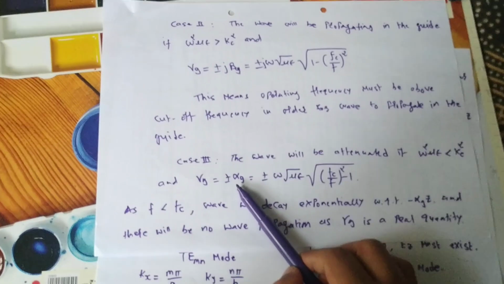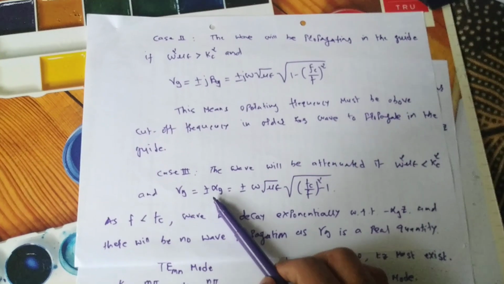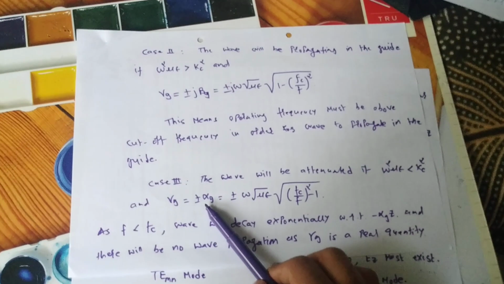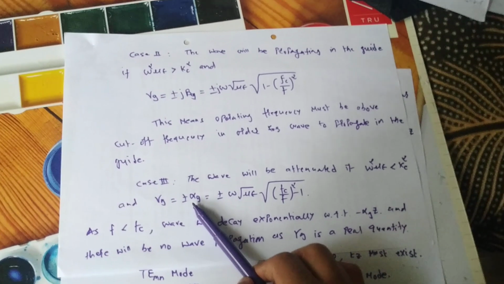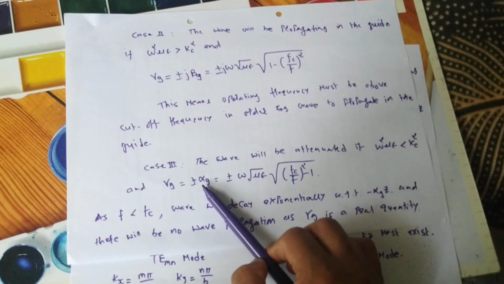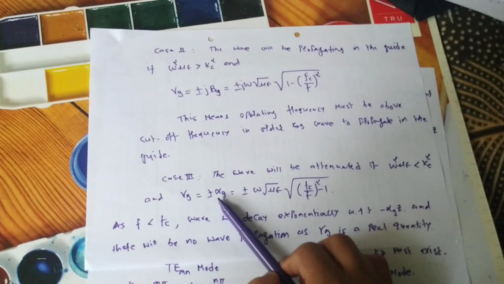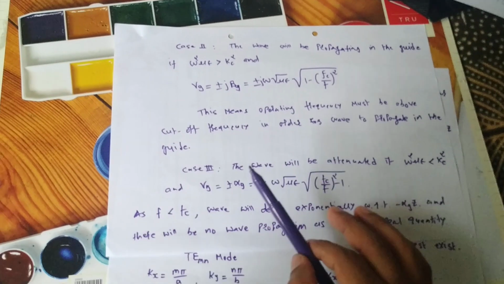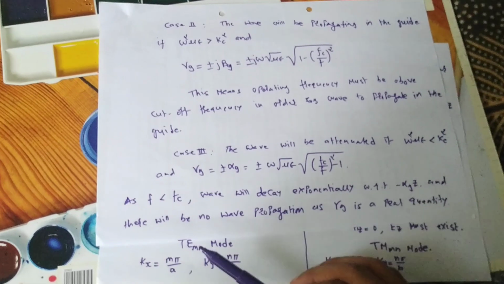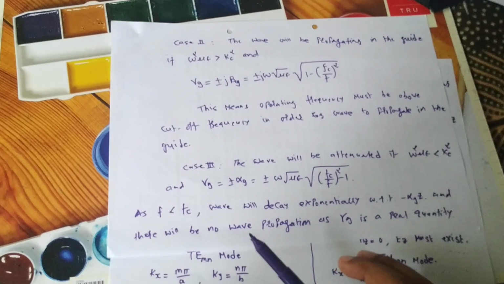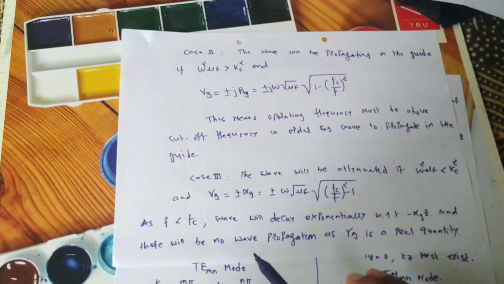As we know, for a propagating wave, the wave can only be propagated if and only if there is a phase constant term, and if that j beta term is not present, it clearly indicates that the wave is going to be attenuated with respect to e to the minus alpha g into z.